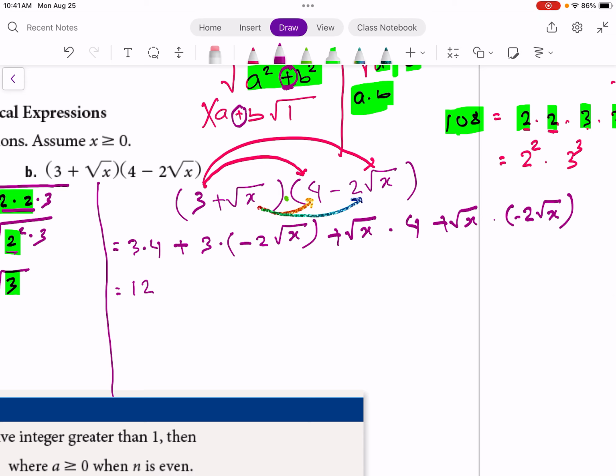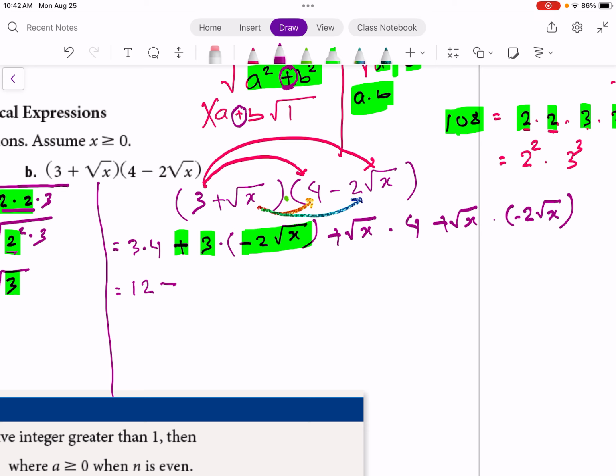Now here we have a 3, we have to multiply 3, and we have to multiply negative 2 square root of x. We also need to multiply this positive and negative. So positive times negative, we get negative, right? Now what is 3 times 2 square root of x?